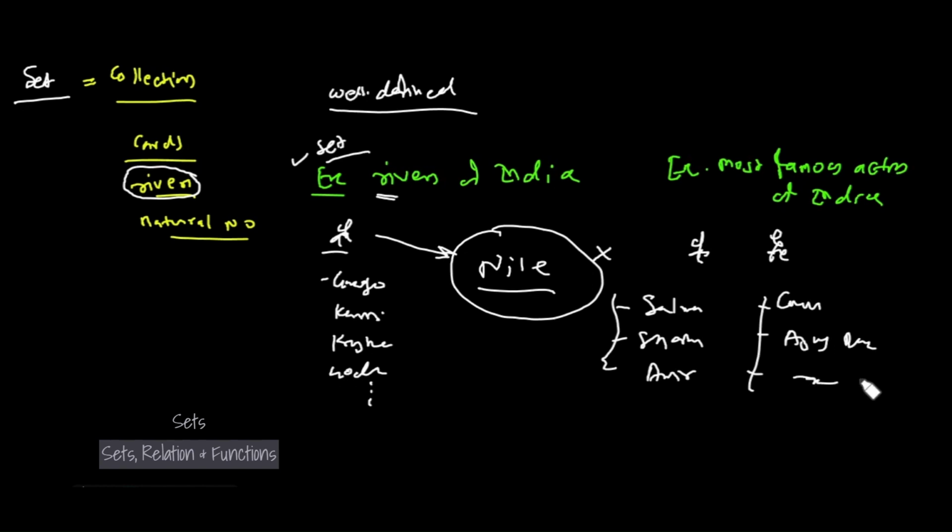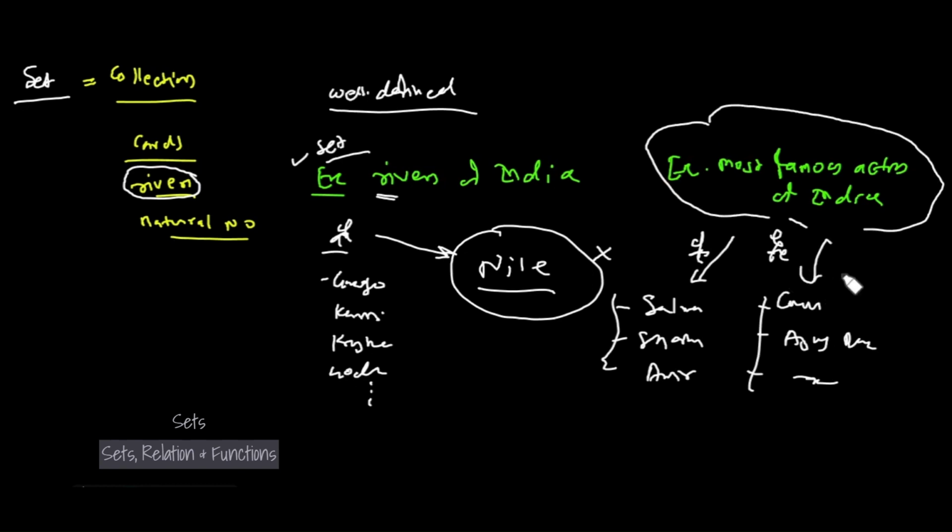So it means that this particular collection has objects, and these are valued objects, but it is not well defined. So objects of this collection are changing from person to person, right? So the term famous actors has a different meaning for different people. Okay, so it changes from person to person, so it is a dynamic one.